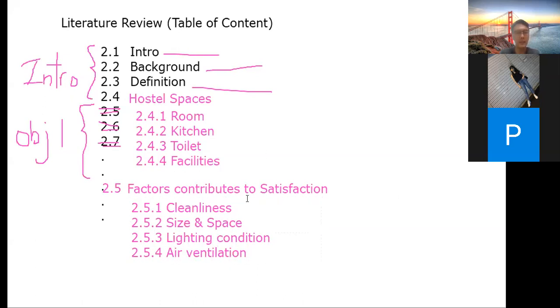So these are the factors. You see, from here, still objective one factors. So you keep on doing. I don't bother about the arrangement, but you arrange: intro, first part, second part, info related to objective one, then info related to objective two.